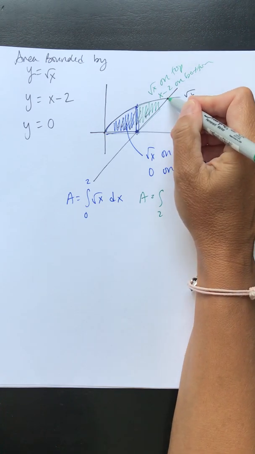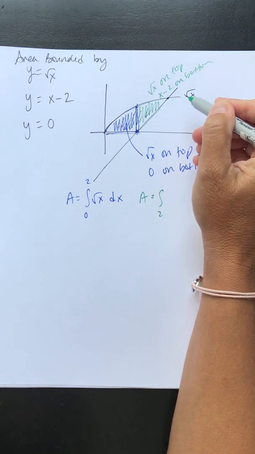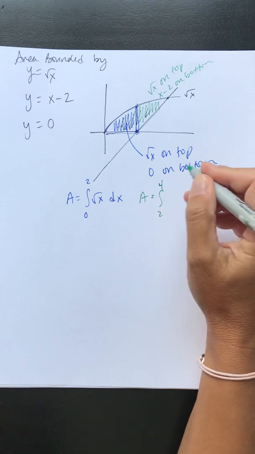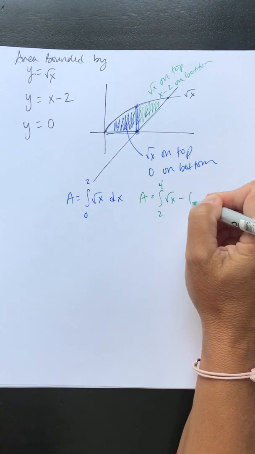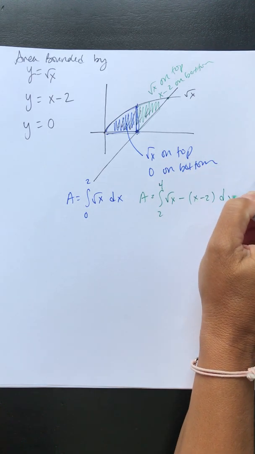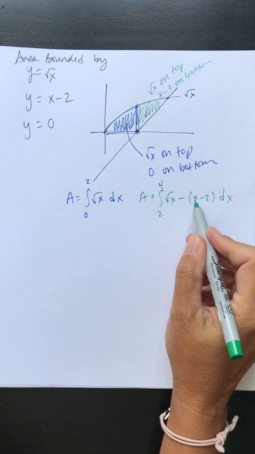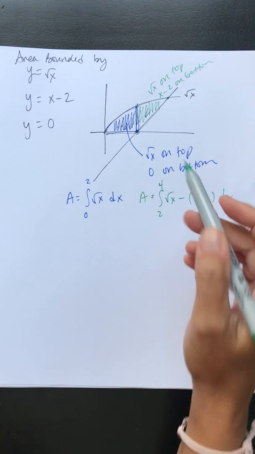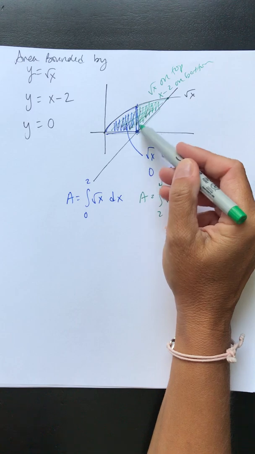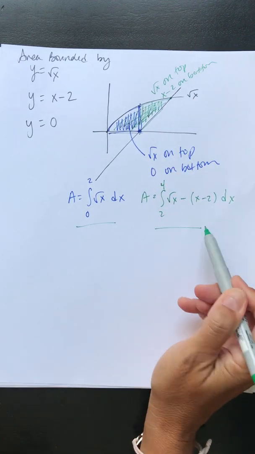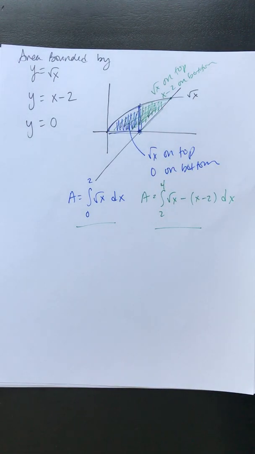So where does this intersect? At 4, 2, of top minus bottom. Don't forget those parentheses because you're going to have to distribute that negative. So to find this total area of the region, I'm going to have to add these two up.